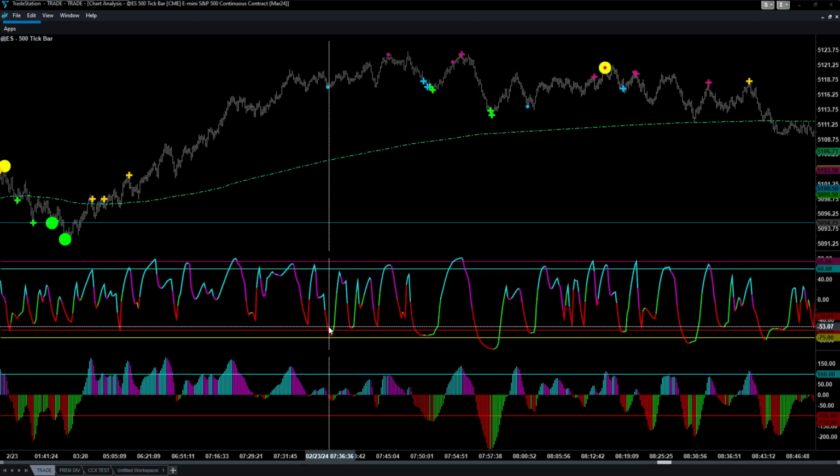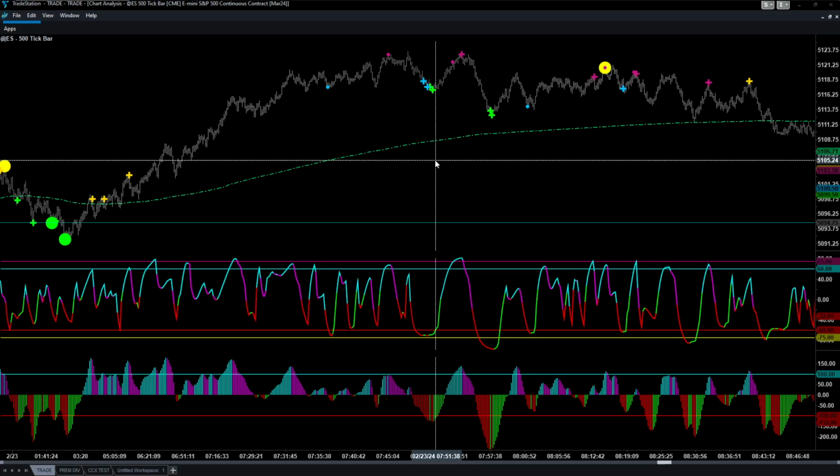Now, there's another thing I want to show you that you should do with regard to the ultimate divergence indicator. Because there are so many different settings and so many different formulas that you can plug into this thing, it's good to establish a study. I'm going to show you how to set up a study so that the indicator can be easily inserted into the workspace without having to reinsert the formula.